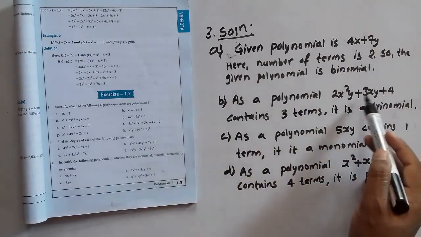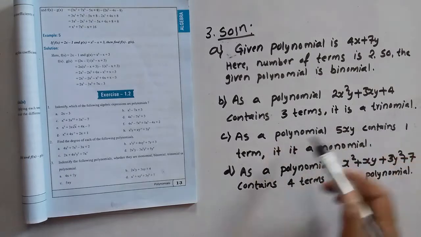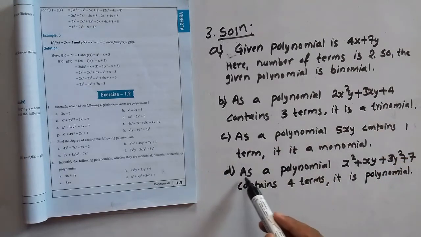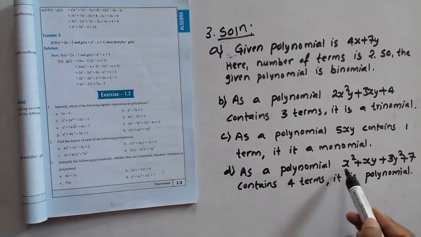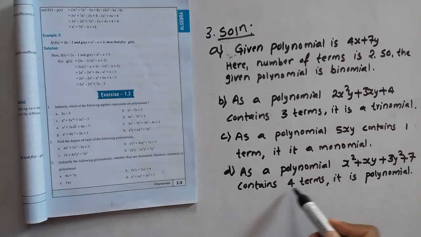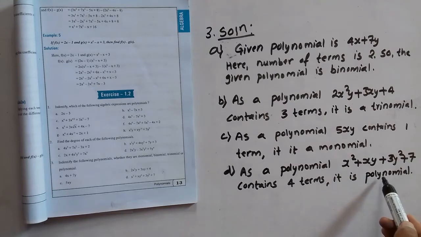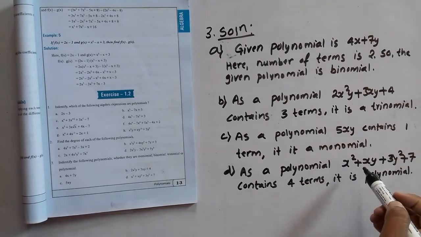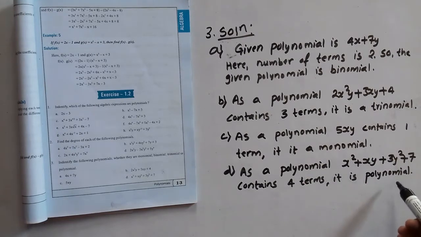In B, the number of terms is 3, so it is trinomial. In C, the number of terms is only 1, so it is monomial. In D, the number of terms is 4, so it is a polynomial. As we know, if a polynomial contains more than 3 terms, then it is a polynomial.